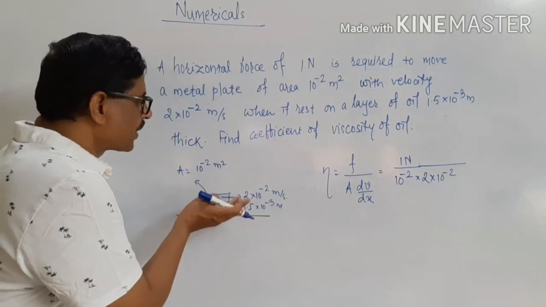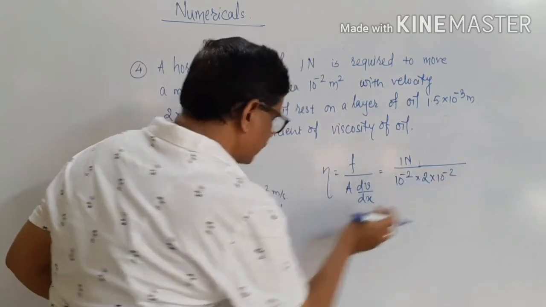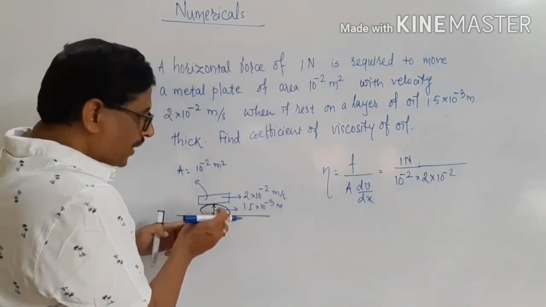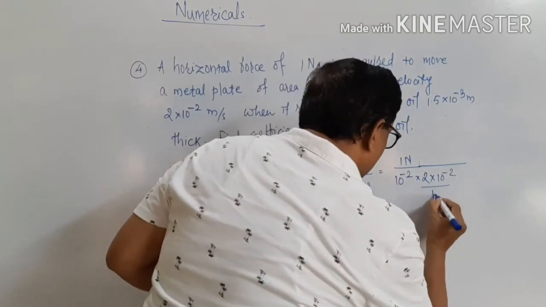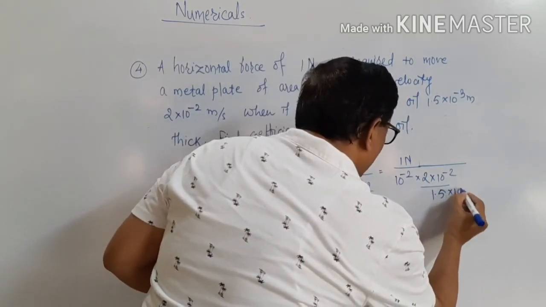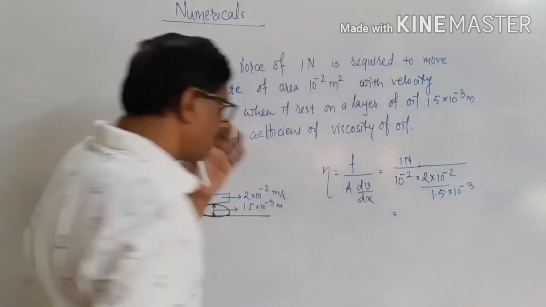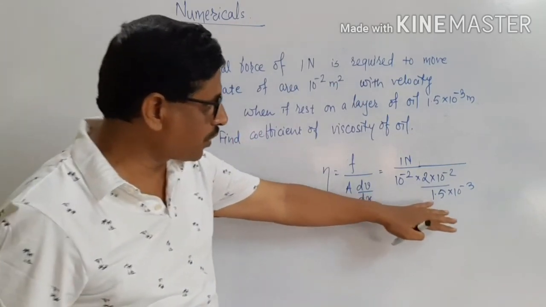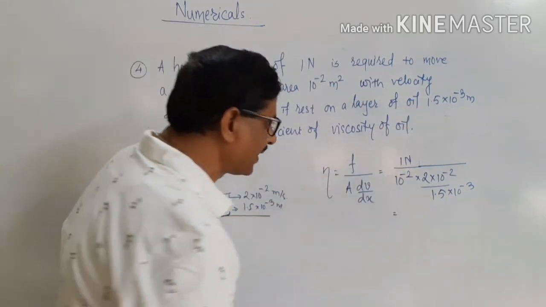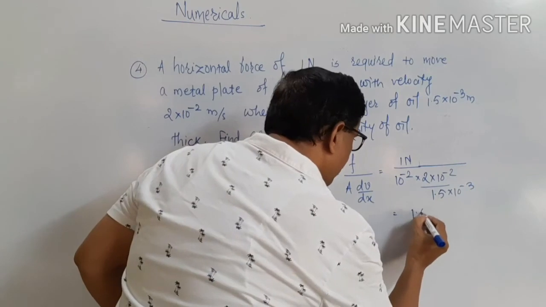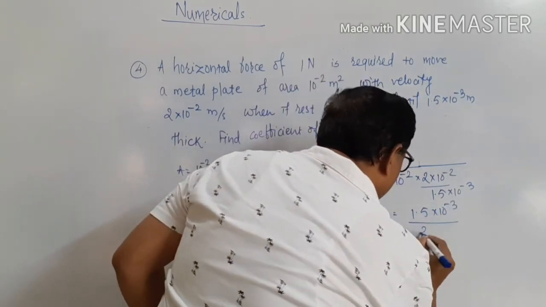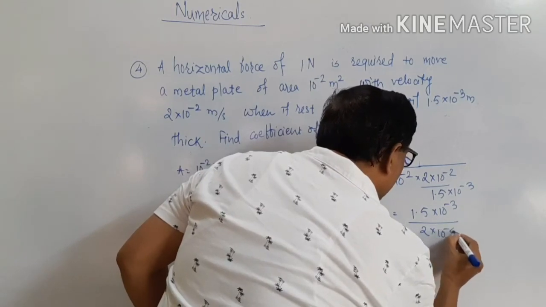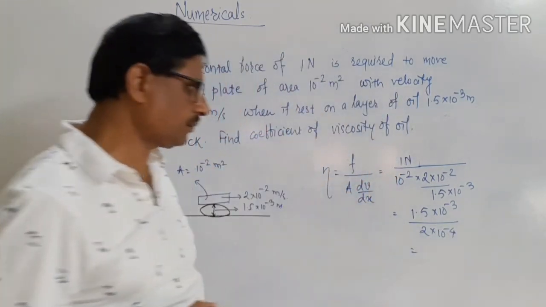Therefore velocity is 2 into 10 to the power minus 2, and the distance from the stationary layer is 1.5 into 10 to the power of minus 3. This denominator will go in the numerator, and what you will get here is 1.5 into 10 to the power of minus 3 divided by 2 into 10 to the power of minus 4.